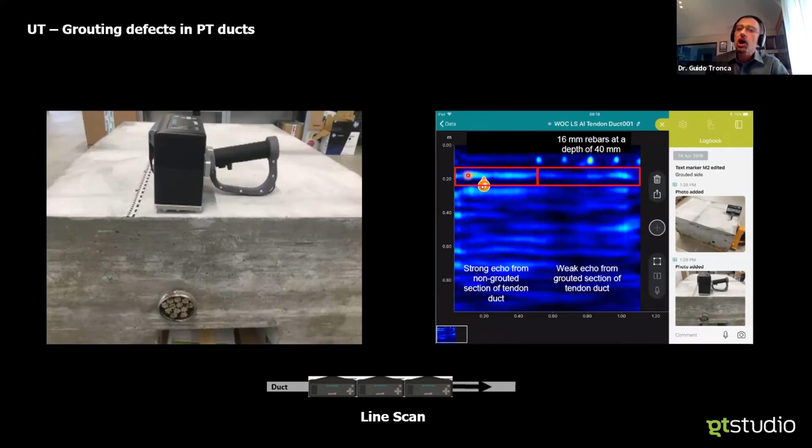A strong portion is highlighted, because a strong reflection for PROCEQ is air. So we see the likelihood of air here, and a very likely properly injected grouted PT duct here.